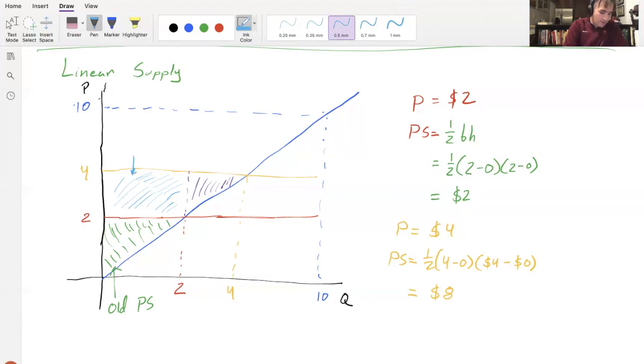Another thing we have is the additional surplus of old sellers. And then finally, we have the producer surplus of new sellers.